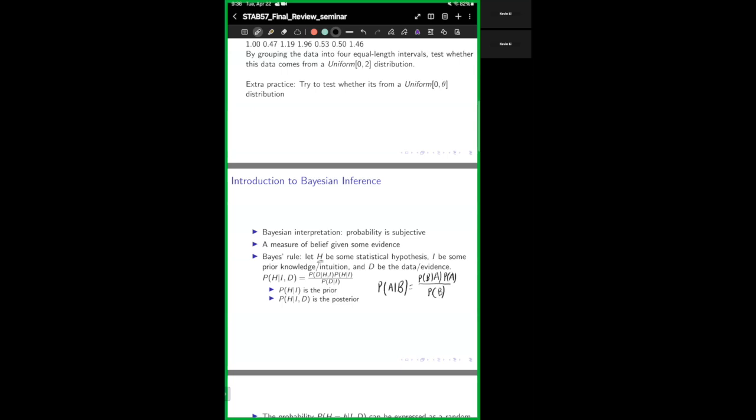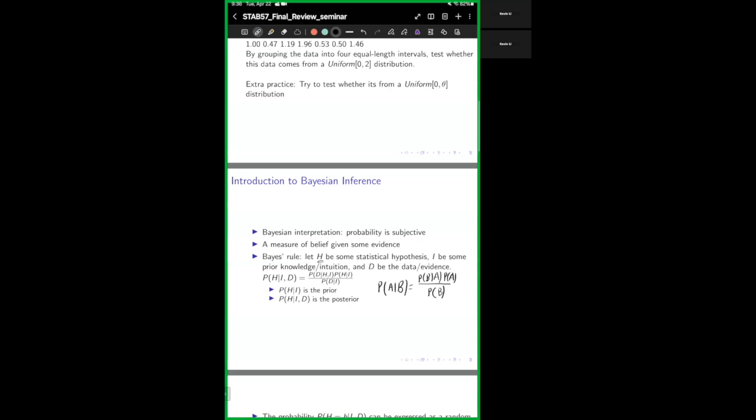Then the probability of H given the intuition and the data is equal to the probability of the data occurring given this hypothesis and intuition, times the probability of this hypothesis given the intuition, over the probability of this data occurring given our prior intuition.